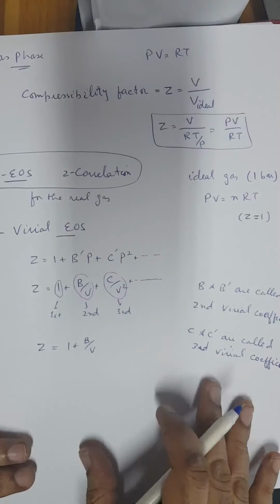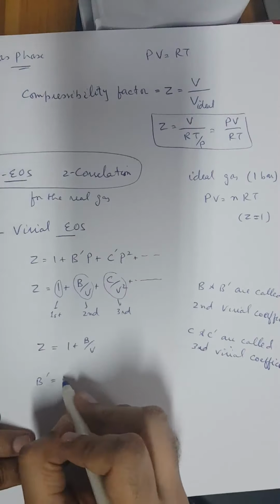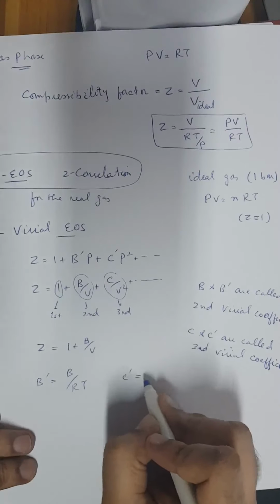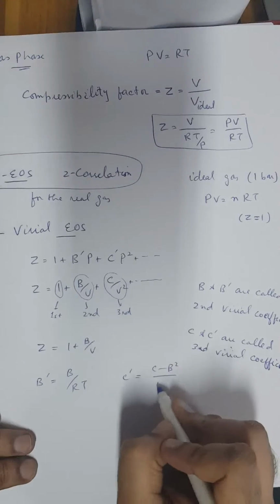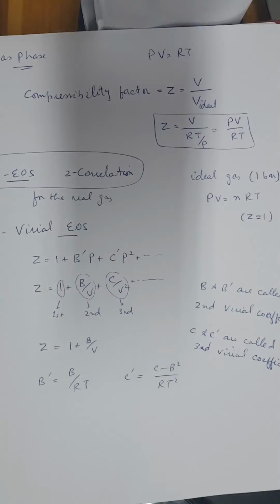The B and C you can see in the book, but I can just write briefly. They can interrelate with each other: B' equals B over RT, C' equals C minus B squared over RT squared.